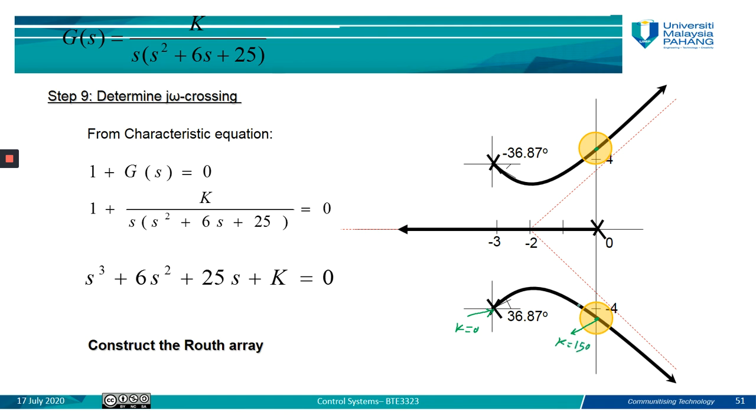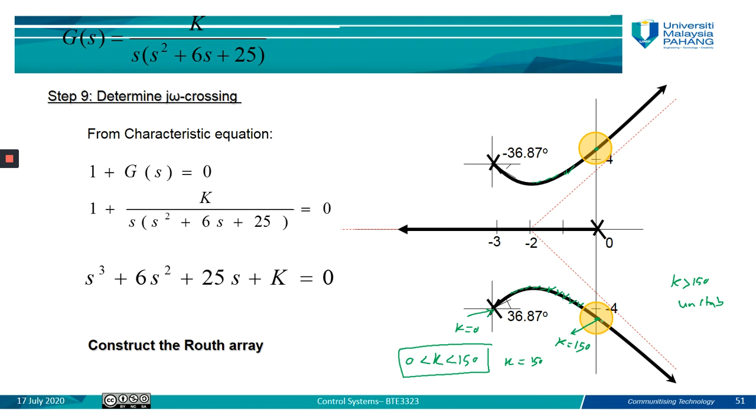That means whatever the value of the poles in this area, it will give us a stable system. So the gain for stability is k greater than 0 and less than 150. At k equal to 150, our system will be marginally stable because it is on the border of stability. If k is greater than 150, our system is unstable.